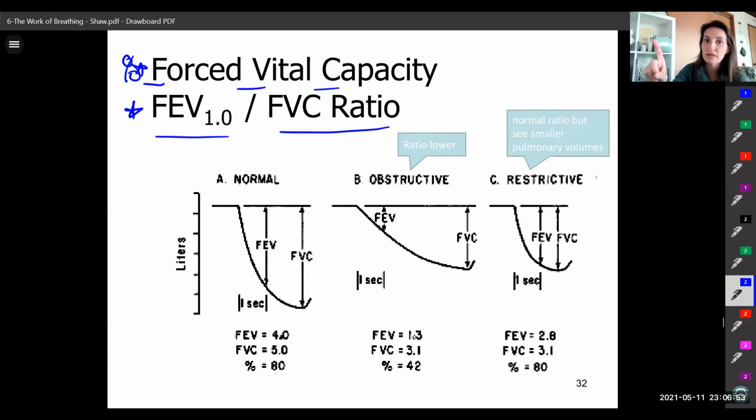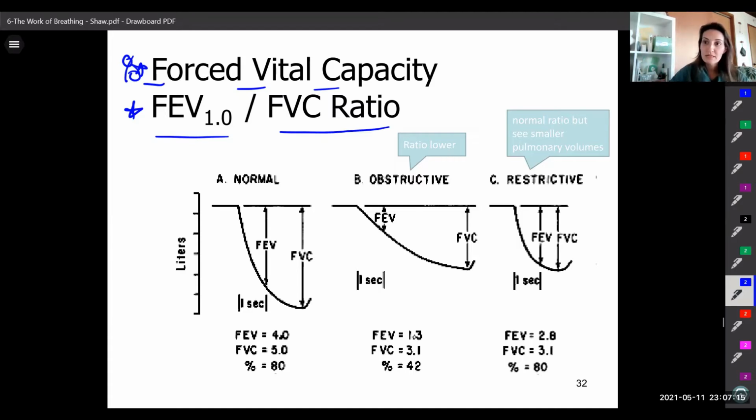FVC is a reading for the total volume that you have forcibly exhaled. So the ratio here for an individual that has no obstructive disorder should be 80% or higher. 80% or higher. 90%, 95%, that's great. But definitely 80% or higher.